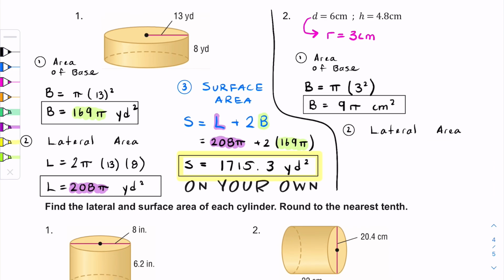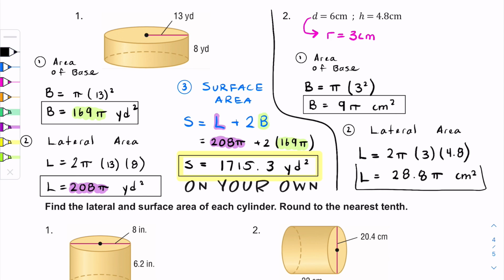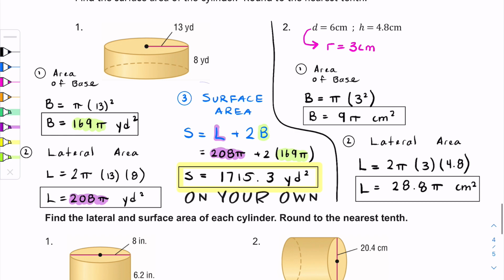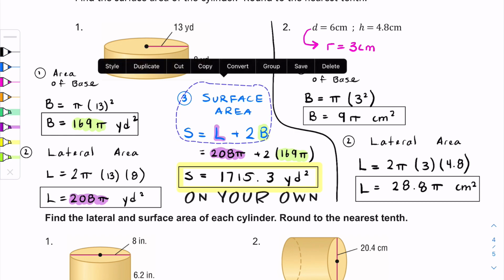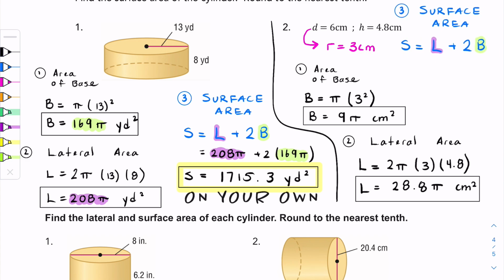Step 2 is to find the lateral area. The lateral area is equal to 2 times pi times 3 times the height of the figure, which is 4.8. Leaving in terms of pi, this is 28.8 pi square centimeters. And the last part is to find the surface area.